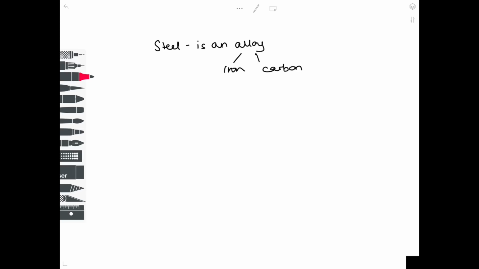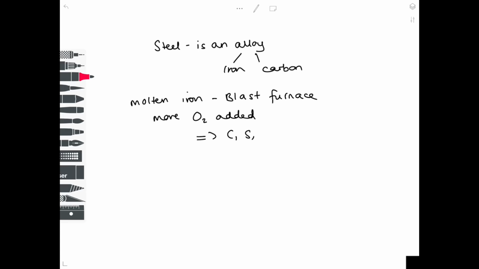Now, as we've already discussed, molten iron is produced by the blast furnace, and then at this point more oxygen is added, and that's to help remove impurities which include carbon, sulfur and phosphorus impurities within the iron. And what you find is waste gases of carbon dioxide and sulfur dioxide are produced, and phosphorus oxide, which is the final impurity, is removed as a solid.